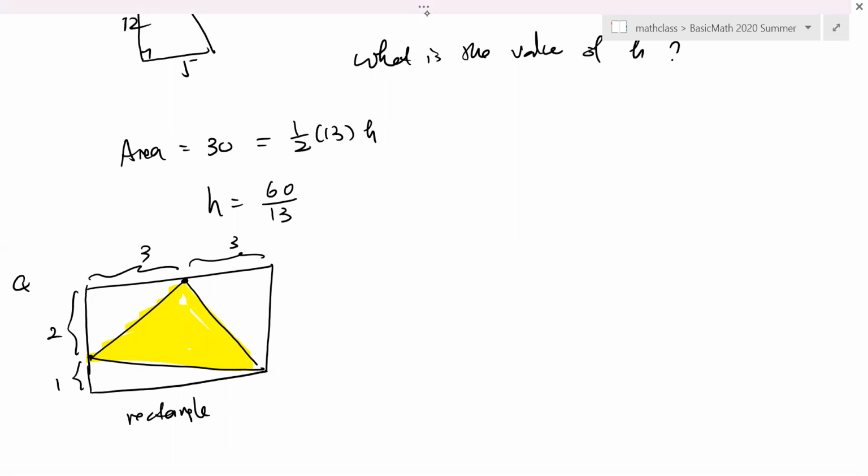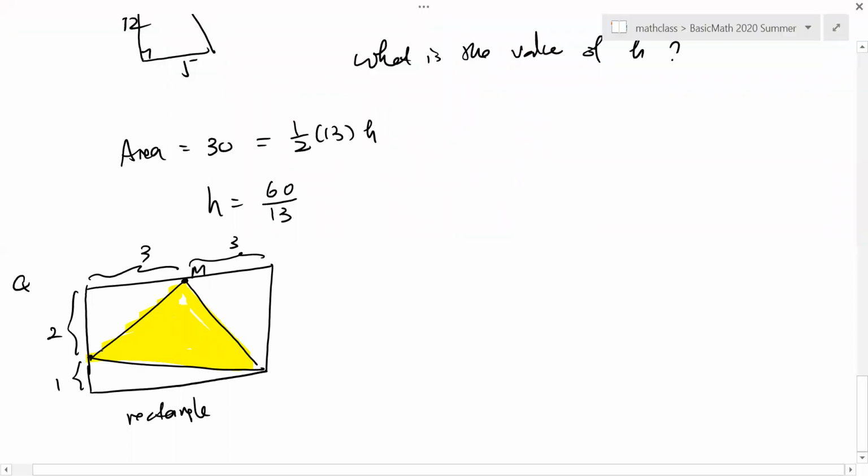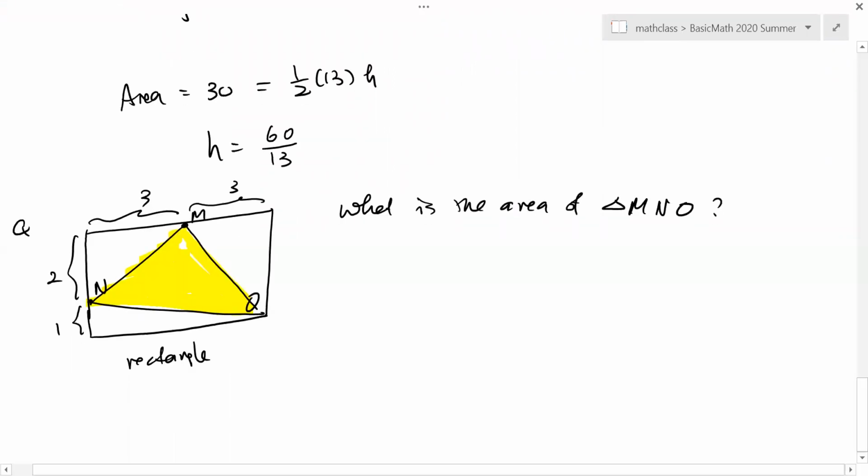If I use points M, N, and let's say O, what is the area of the triangle MNO?